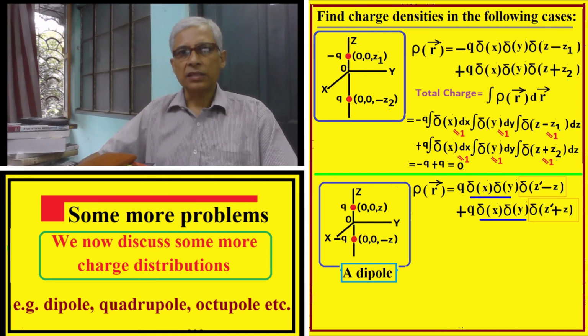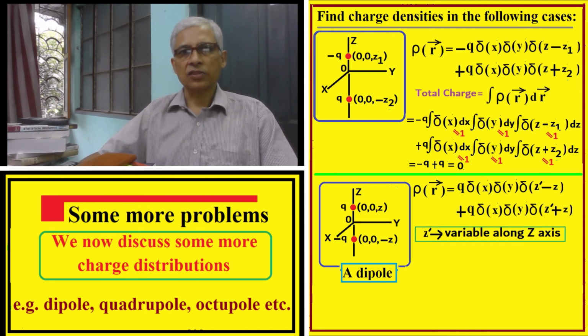Note that in this problem, the charges are positioned at z and minus z. This means that the variable along the z-axis cannot be written as z. So let us write the variable as z prime along the z-axis.